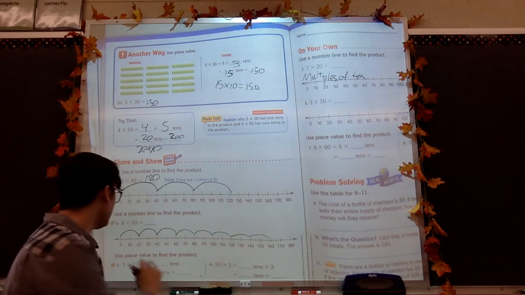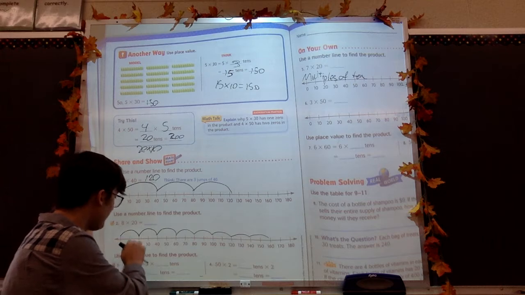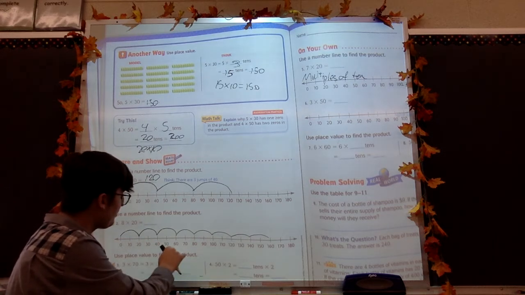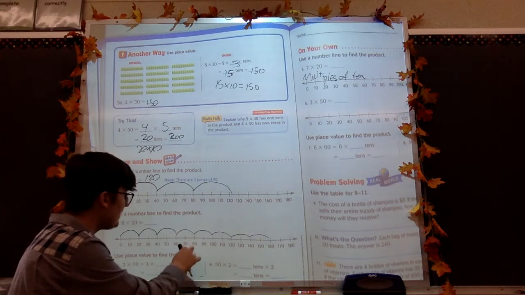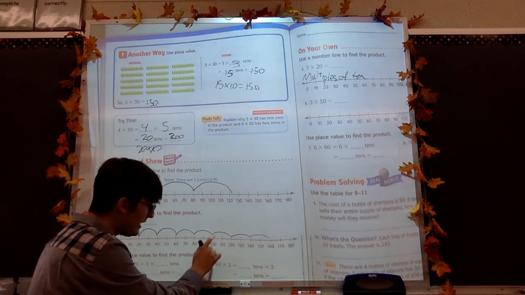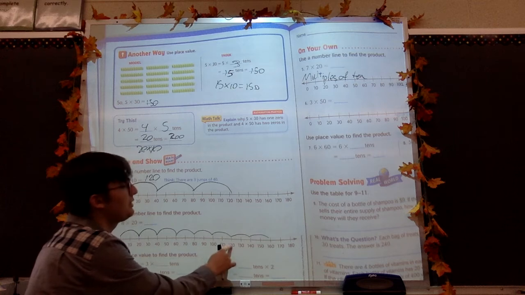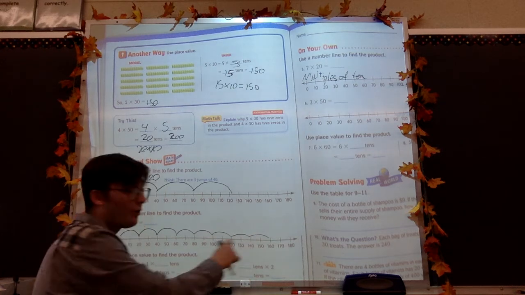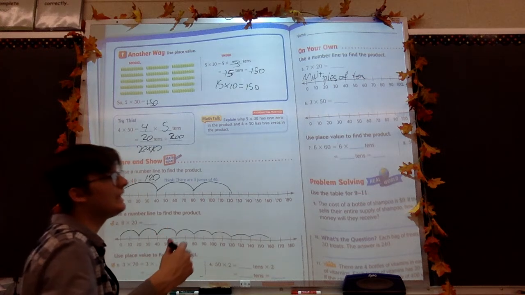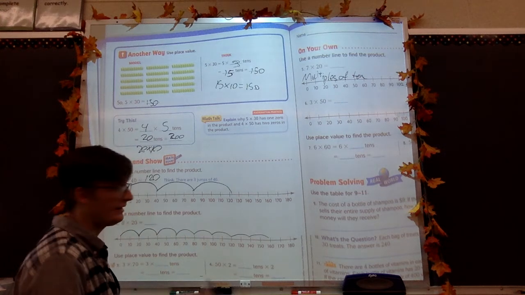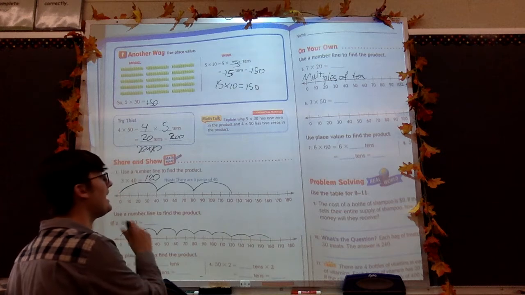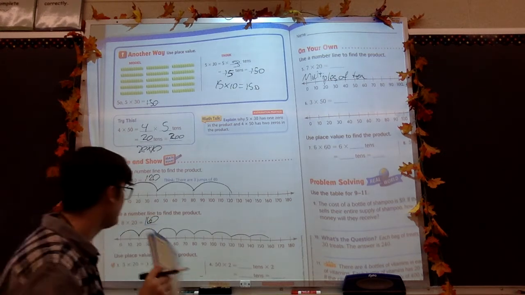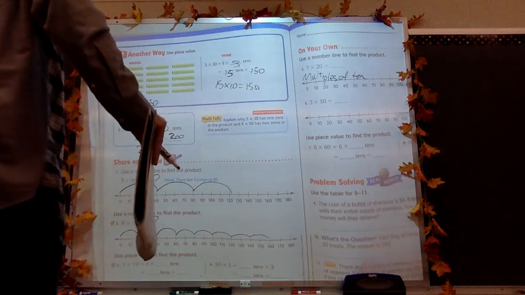And I added 20, so from 0, we have 20, 40. 20 plus 20 is 40, 40 plus 20 is 60, 60 plus 20 is 80, 80 plus 20 is 100, 100 plus 20 is 120, 20 plus 120 is 140, and 140 plus 20 is 160. Whew! That's a lot. But we now know that 8 times 20 is 160. Make sure you get that written down.